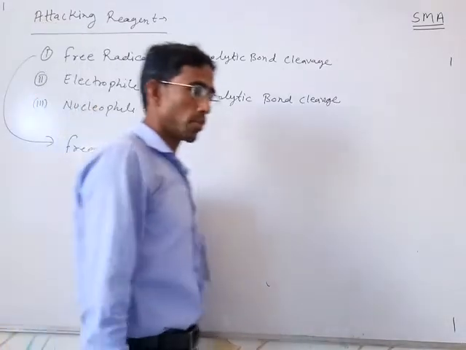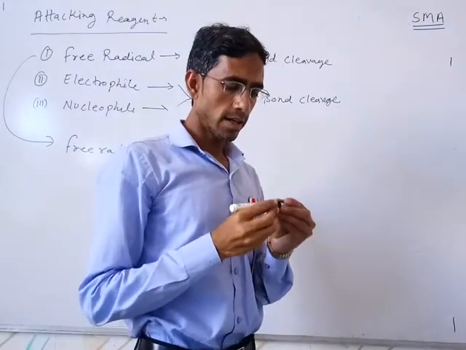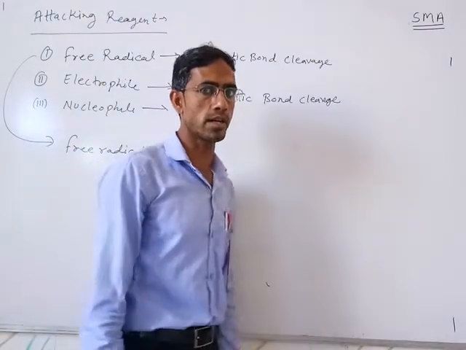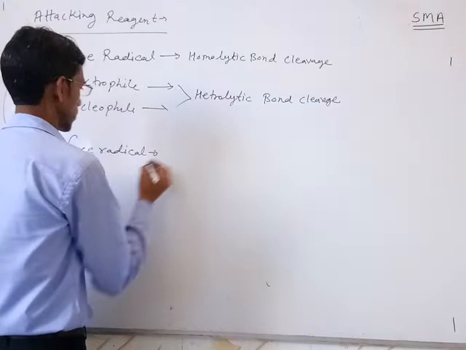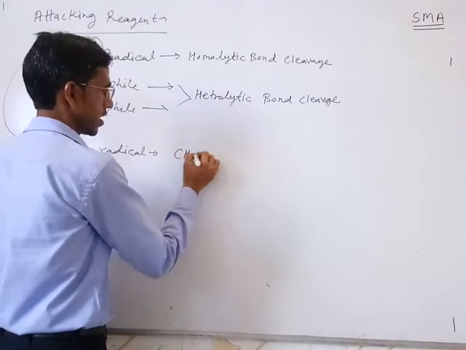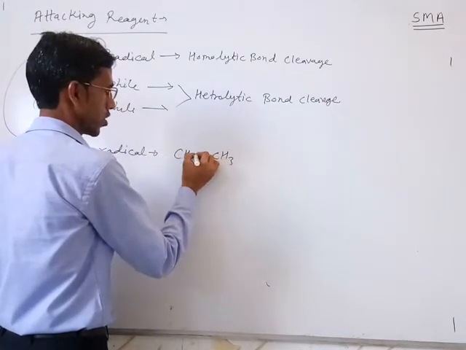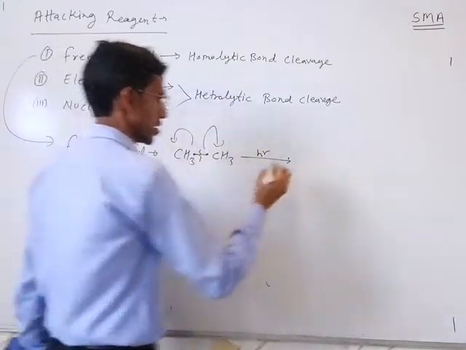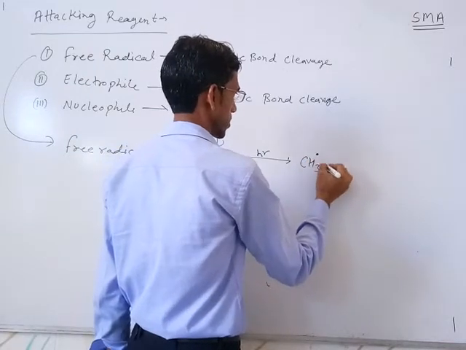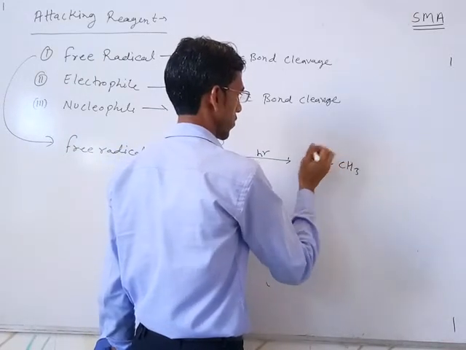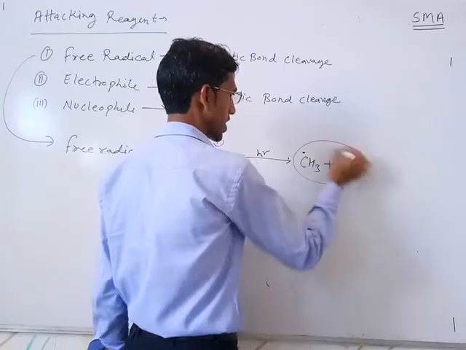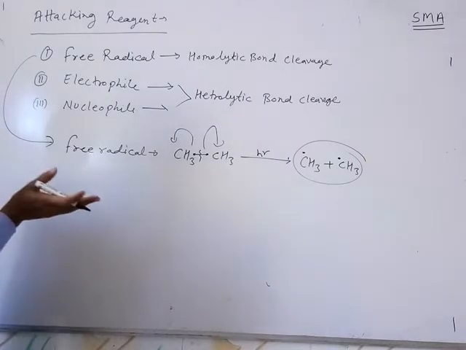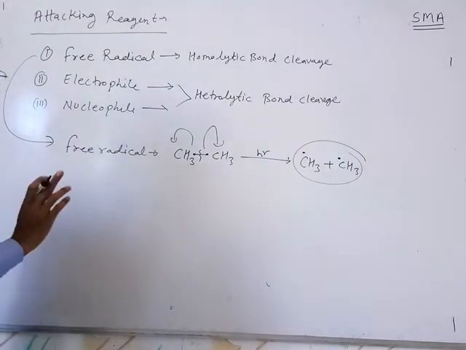An atom or group of atoms that contains an unpaired electron is known as a free radical. It means the CH3-CH3 bond is decomposed in the middle in the presence of sunlight, one electron and one electron, then CH3 free radical plus CH3 free radical. Compounds containing an unpaired electron are known as free radicals. We have discussed the previous topic very clearly.